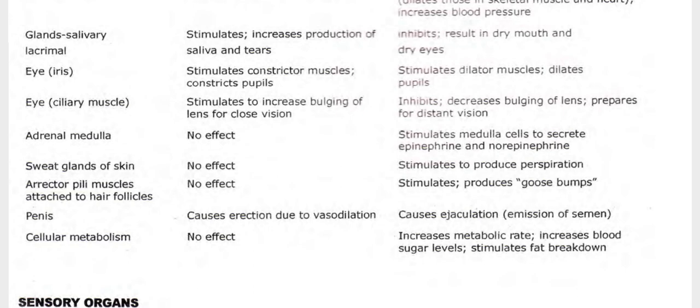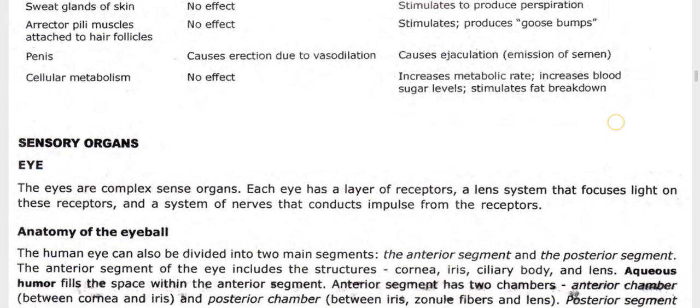Penis: causes erection due to vasodilation, versus causes ejaculation, emission of semen. Then cellular metabolism: no effect, versus increased metabolic rate, increased blood sugar level, stimulates fat breakdown.